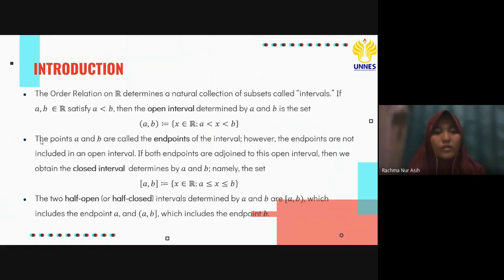The two half-open or half-closed intervals determined by a and b are the half-open interval [a, b), which includes the endpoint a, and the half-closed interval (a, b], which includes the endpoint b.